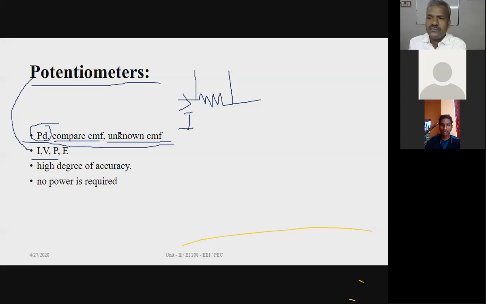The main advantage of potentiometers is the high degree of accuracy while calibrating. Since potentiometers come with an inbuilt battery, there is no need for a power supply. Even without a power supply, you can calibrate voltmeters, ammeters, and wattmeters, or measure resistance, current, and power.